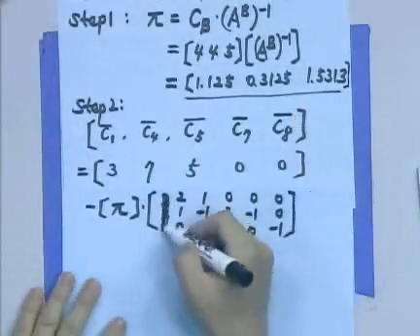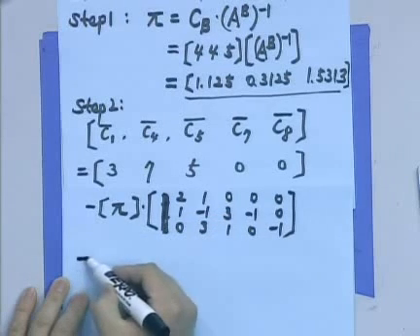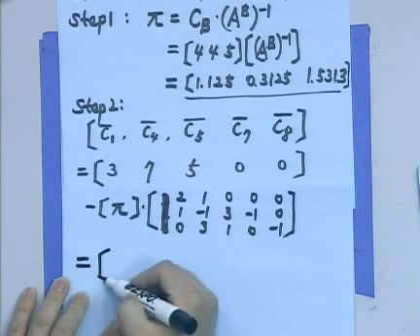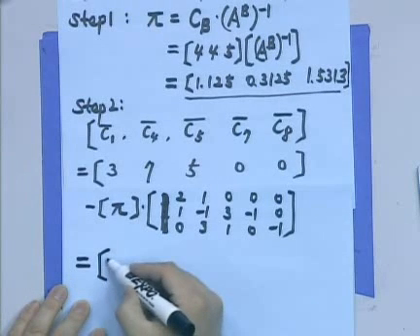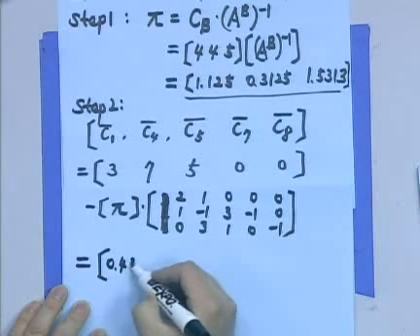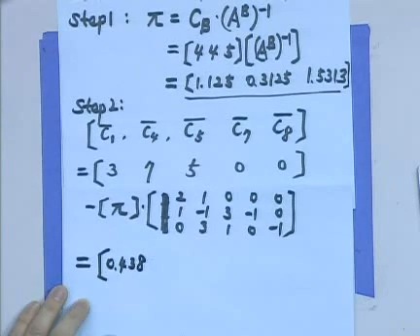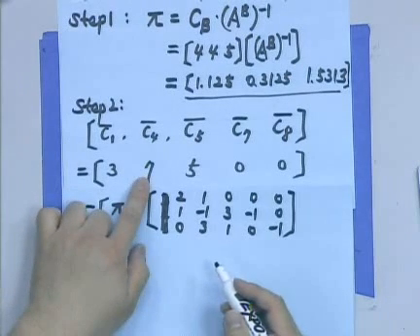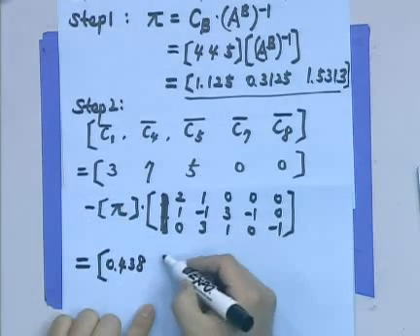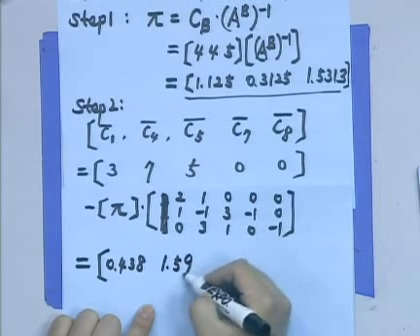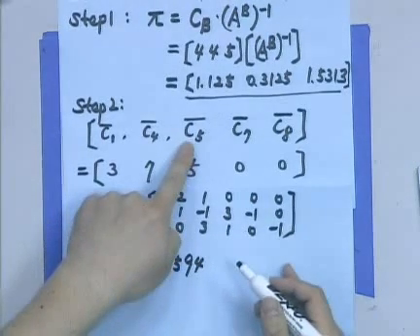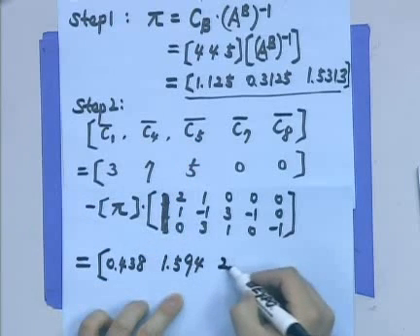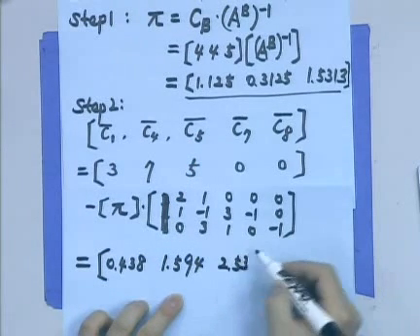And in my calculation, the reduced cost for x1 is 0.438. The reduced cost for x4 is 1.594. The reduced cost for x5 is 2.53.